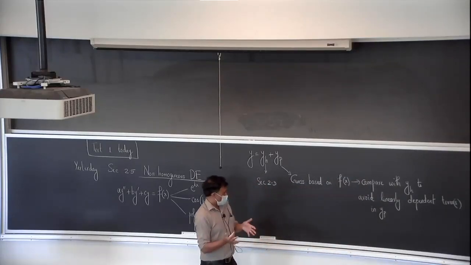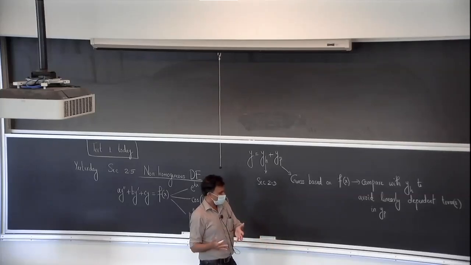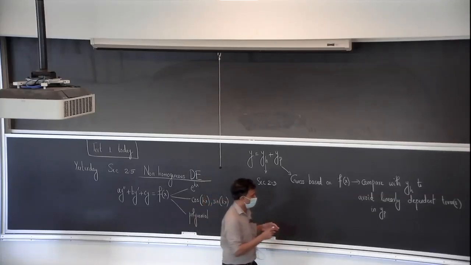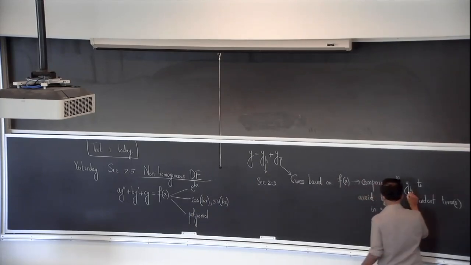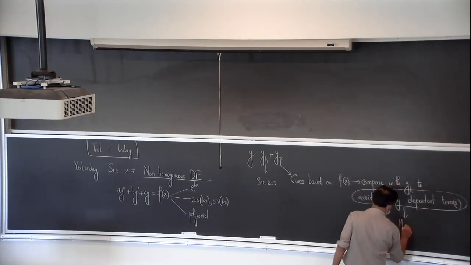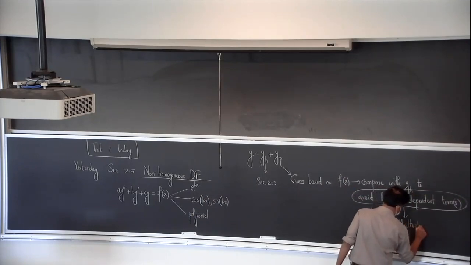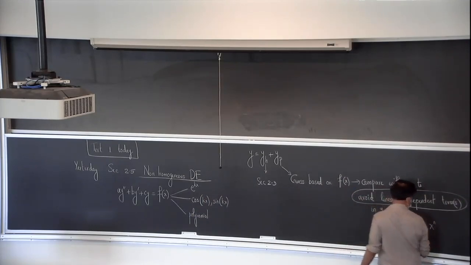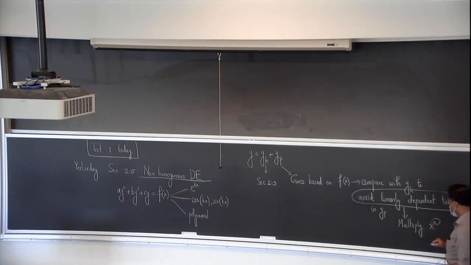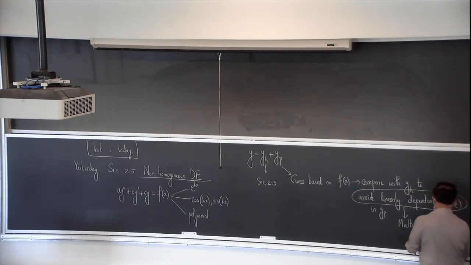And if there are, or if there is, or if there are such terms, we just need to multiply such terms and only such terms by x to the power of n, where n is the smallest number that you need to do to make this happen.